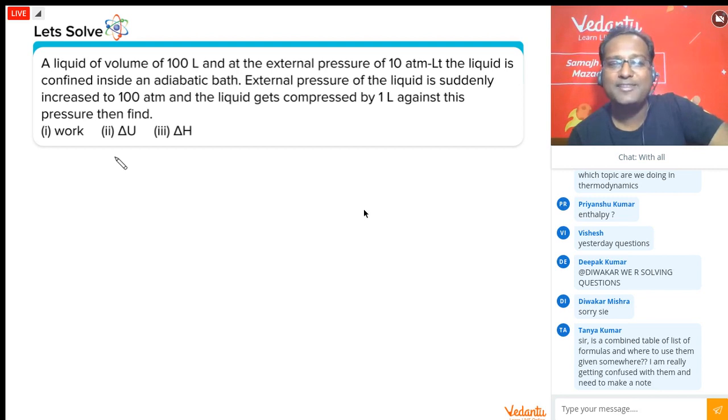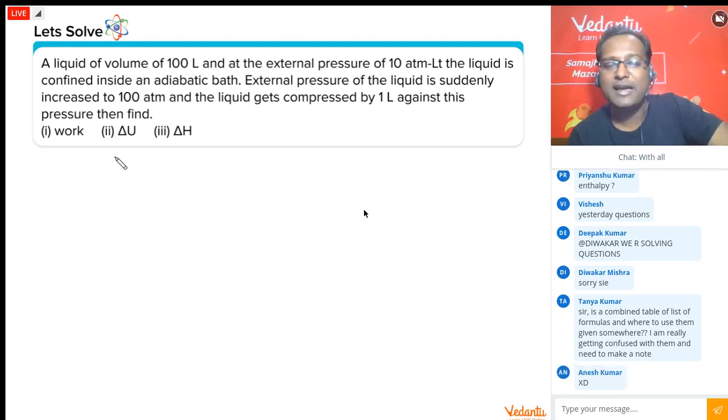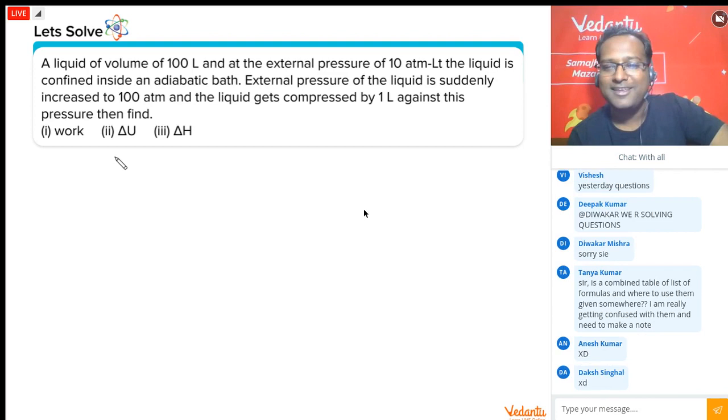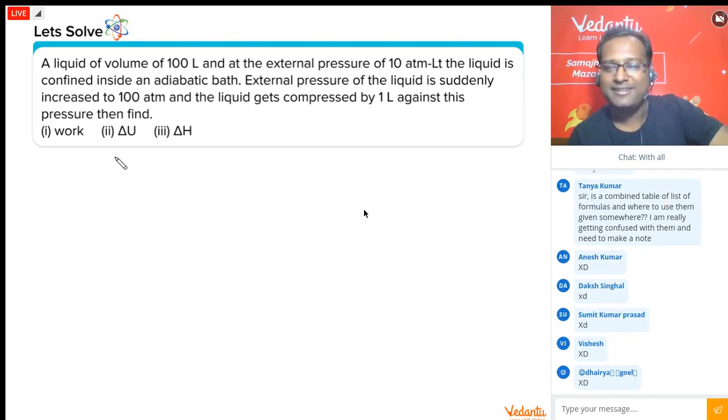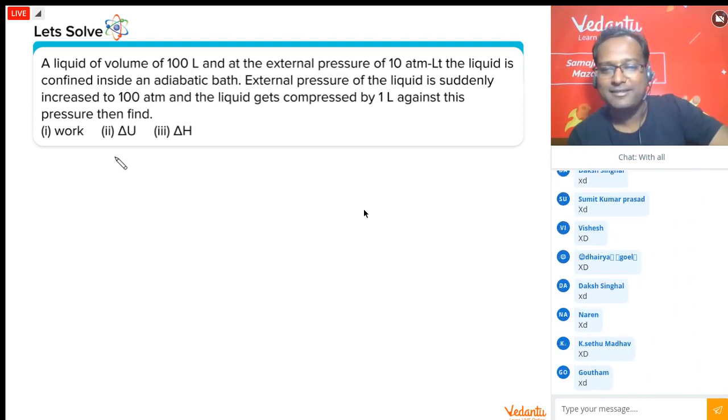If a formula is for reversible work done in an isothermal process, where will you use it? Tell me, tell me. You don't know?